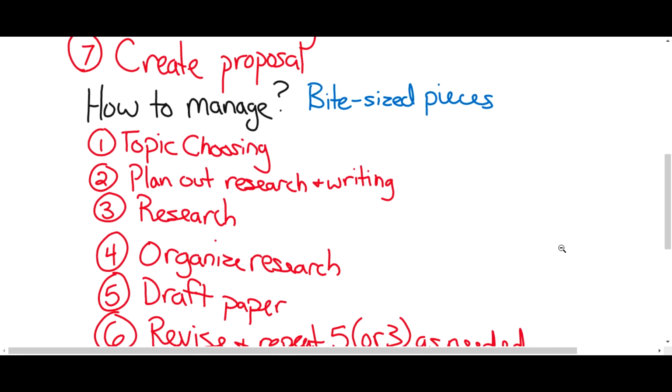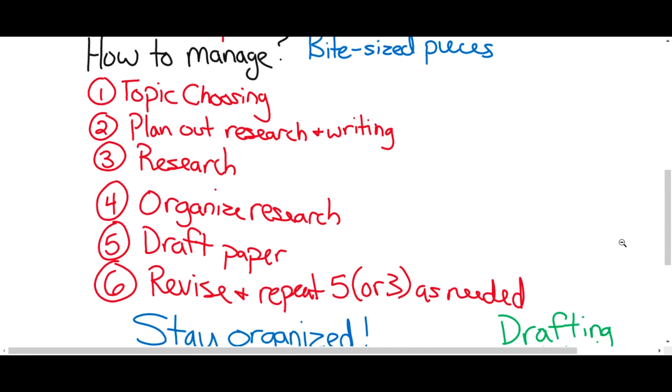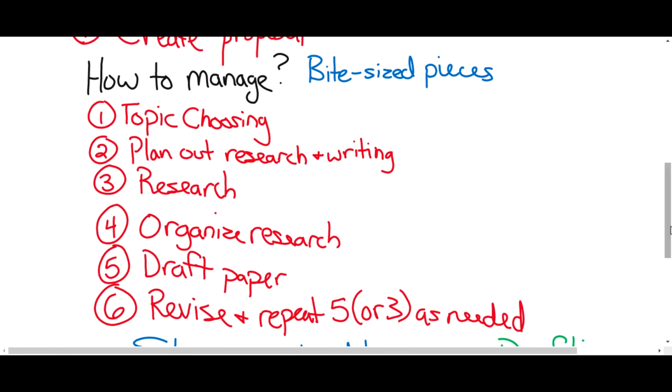Alright, so if we really think about it as managing this whole idea into bite-sized pieces, pick out your topic. First step, that's it. Don't do anything else. Set aside like 10 minutes to just figure out some topics. Write them all down. 10 minutes, timer, off, boom, walk away.